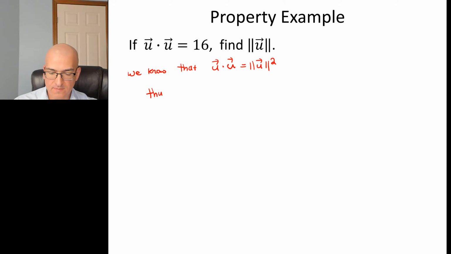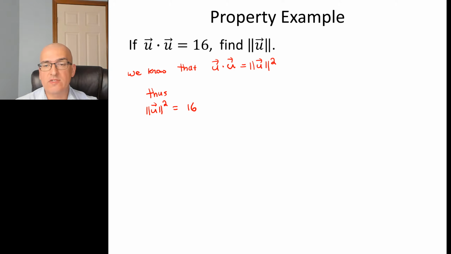Thus, I'm going to replace the u dot u with the length of u squared, equals 16. Try to keep the language consistent: length, norm, magnitude. Okay, so that's what we know.